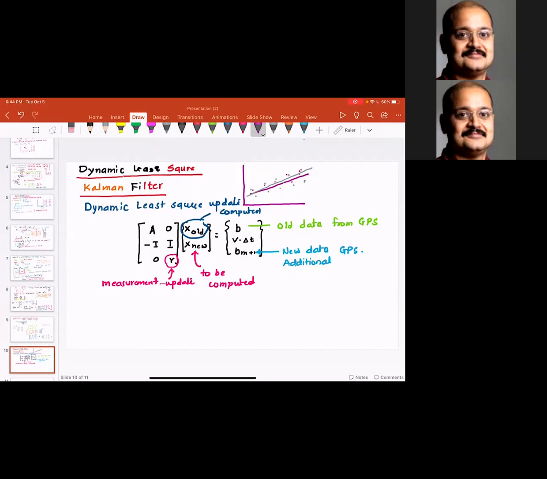So what you do is your new solution, and this is super important, new solution is given as your old solution plus some type of a gain, your new update or new additional data minus R times your state estimation. So this is estimated.